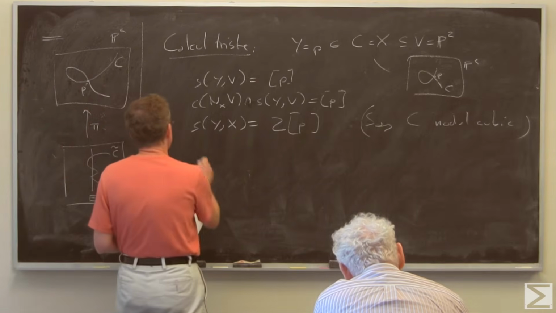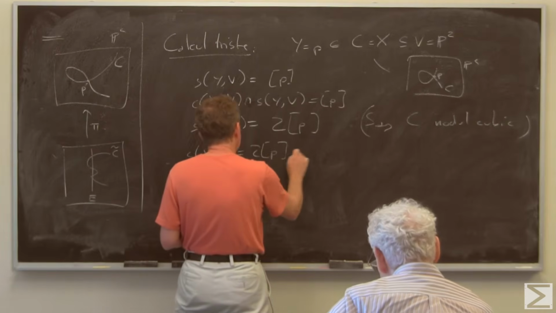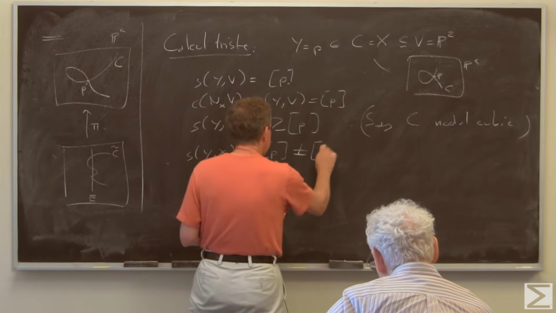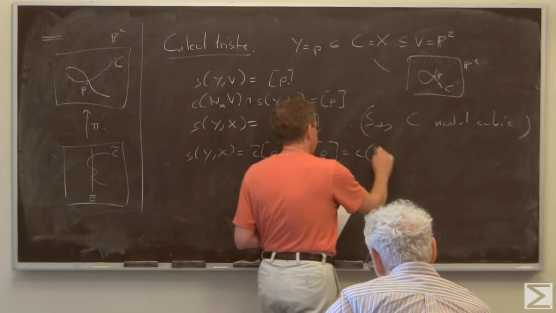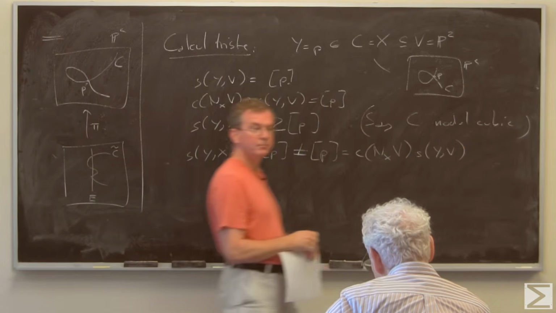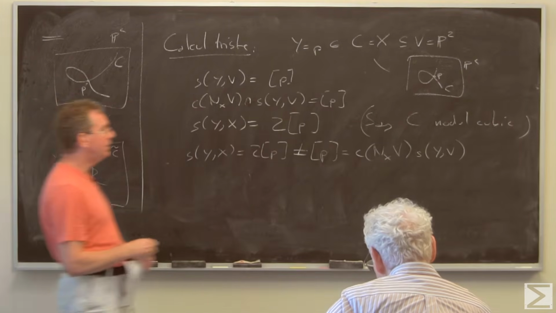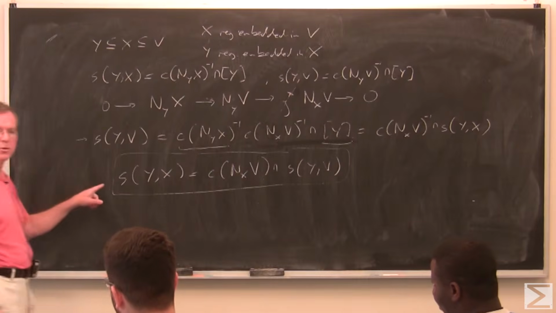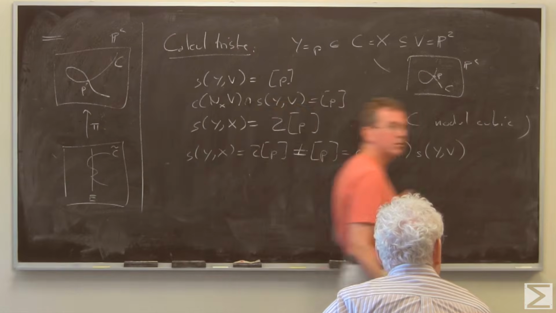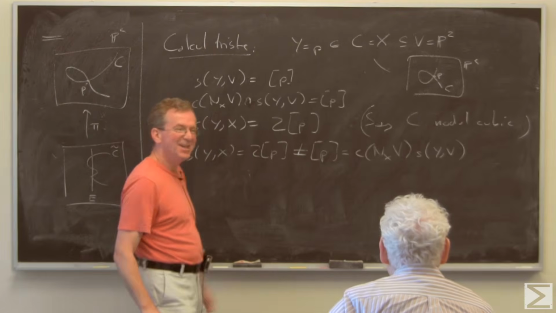Because here I have the Segre class of Y in X, which is 2 times p, and that did not turn out to be the same as the Chern class of N_X V times the Segre class of Y in V. I like drama, right? Here I convinced you that it was completely obvious that this formula should be true, and here I convinced you it's completely obvious it is not true.